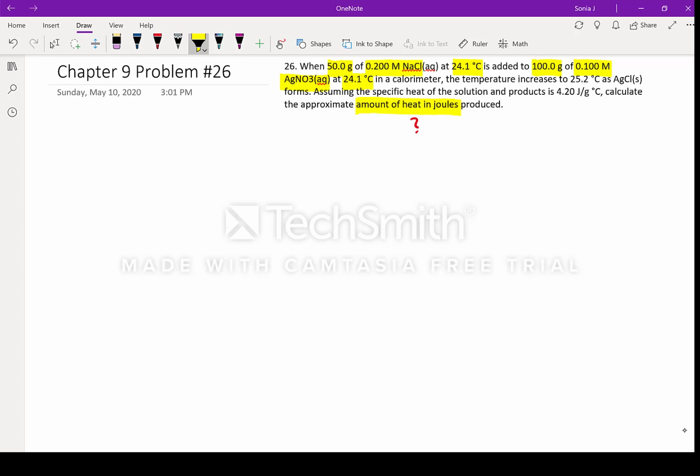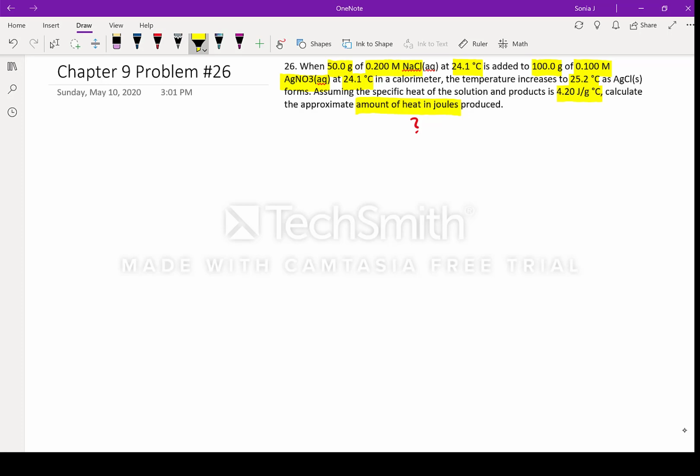The temperature increases to 25.2 degrees Celsius. Assuming the specific heat of the solution and products is, so we're given the specific heat, 4.20 joules per gram degrees Celsius. So all of the highlighted stuff is information that was given to us along with the question that's being asked.